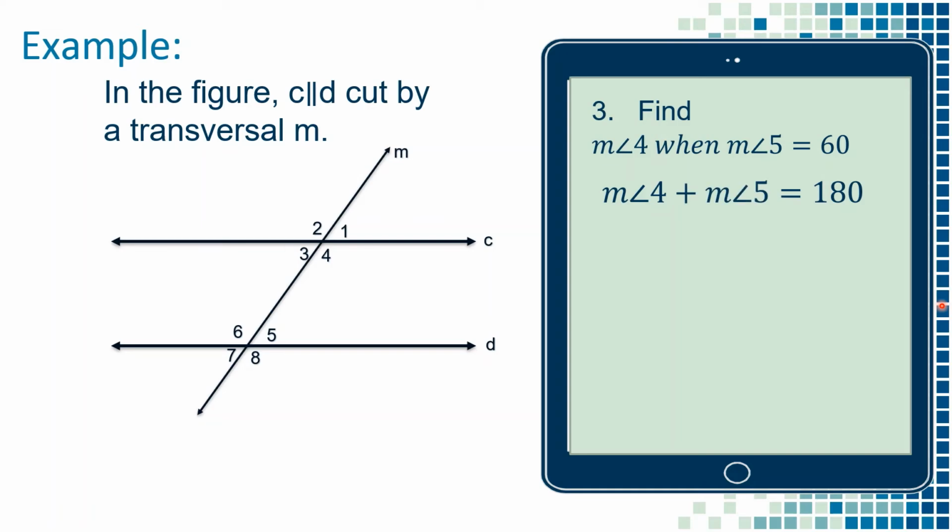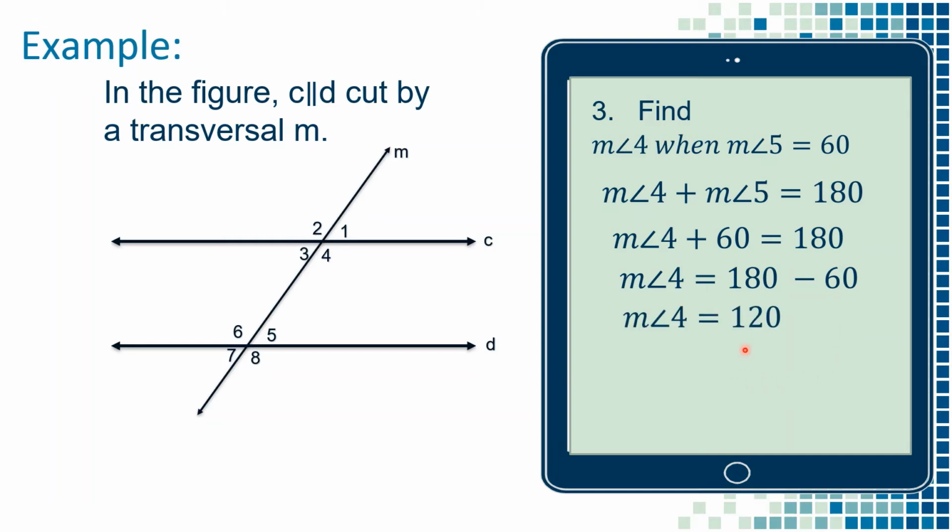So the measure of angle 4 plus the measure of angle 5 is 180 degrees. Substituting the value of angle 5, which is 60, we have the measure of angle 4 plus 60 is equal to 180 degrees. To solve for the measure of angle 4, the measure of angle 4 is equal to 180 minus 60, which is 120.